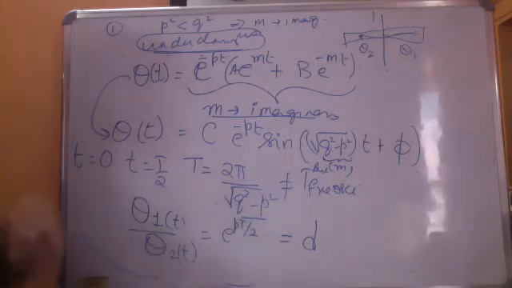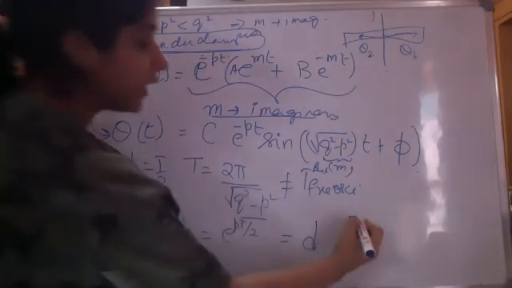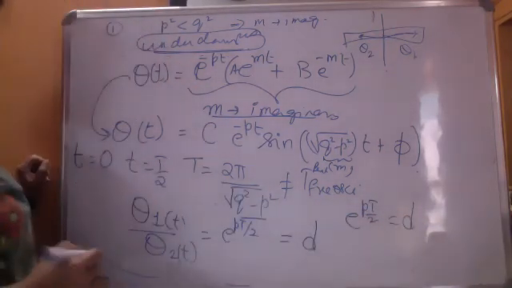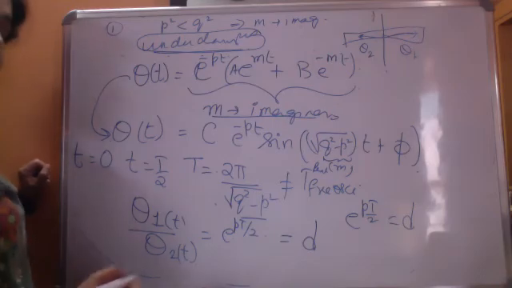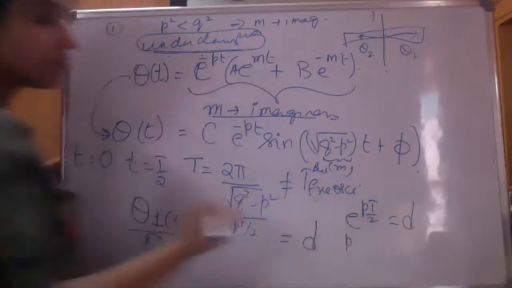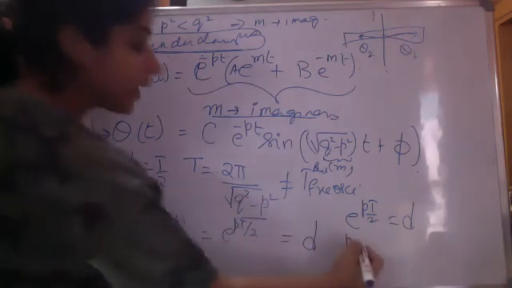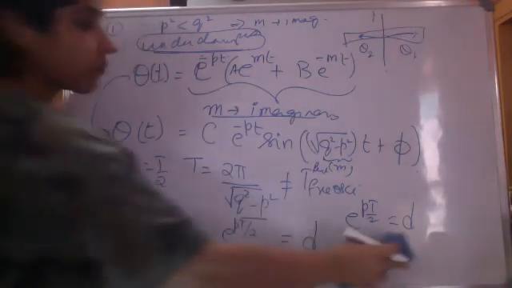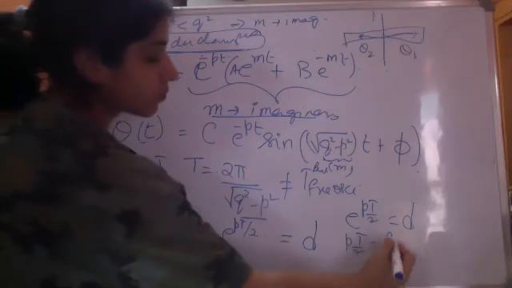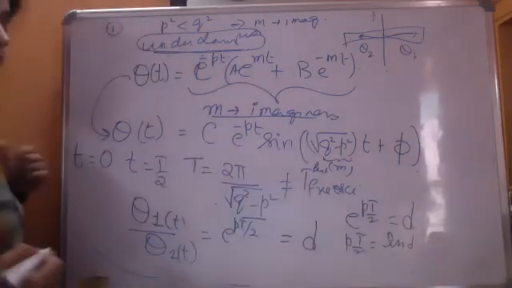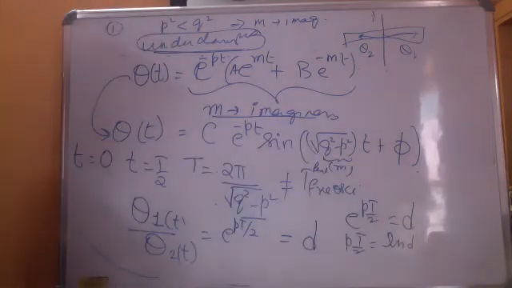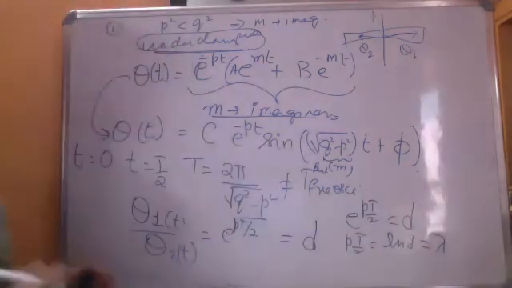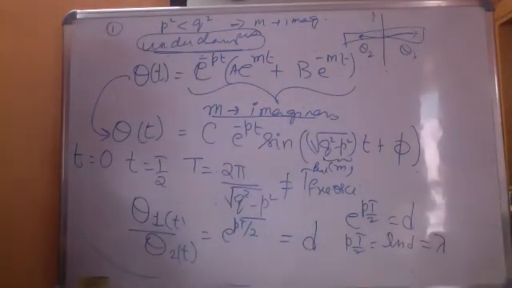So we call it the decrement. So this e to the PT by 2 is what I call the decrement, or if I take the log of both the sides, this quantity is what I call the logarithmic decrement.